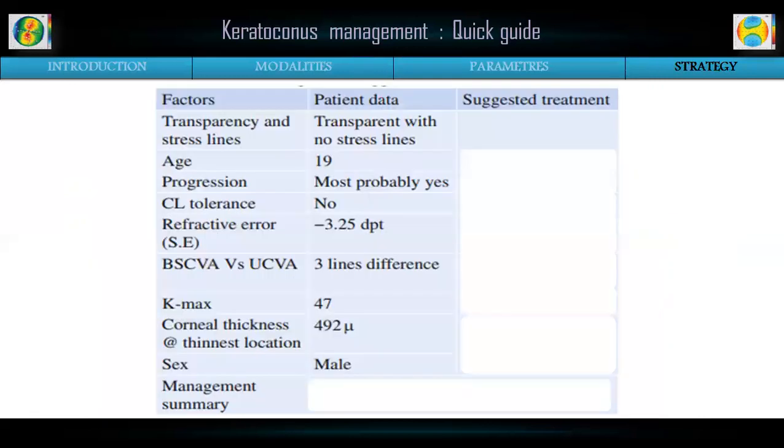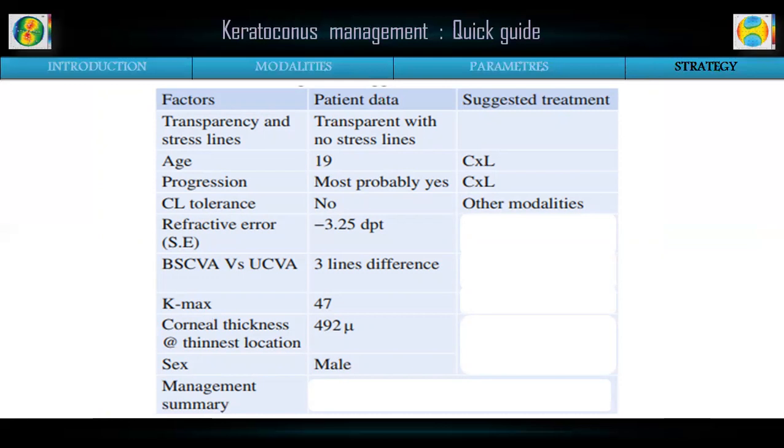So let's try to put the parameters in this table. We have the cornea is transparent with no stress lines. Age is 19, so we can suggest for him cross-linking. For the progression, most probably yes, so we can do cross-linking. For contact lens tolerance, he is intolerant, so we think about other modalities.